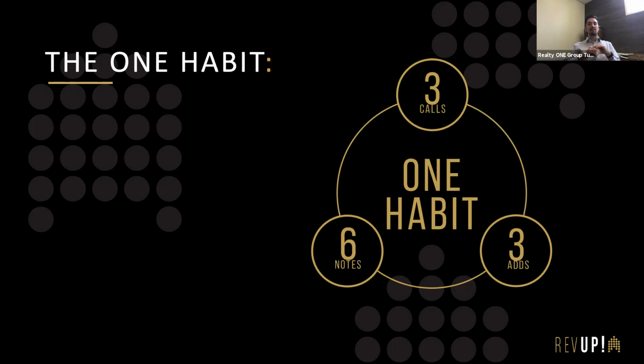You're going to add a minimum of 3 people to your database, which doesn't necessarily mean your CRM. It can also mean you're going to friend 3 people you've met on Facebook. And then you're going to do 6 handwritten notes or emails or texts, so six touches to people as well. And that is the one habit.